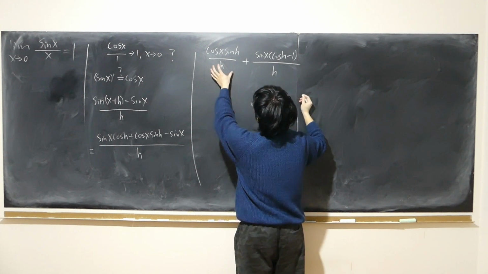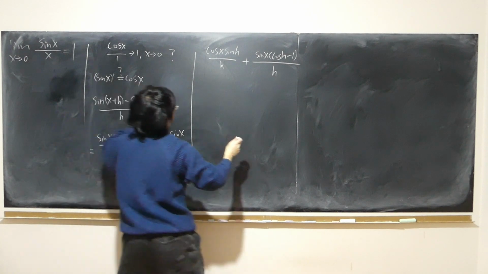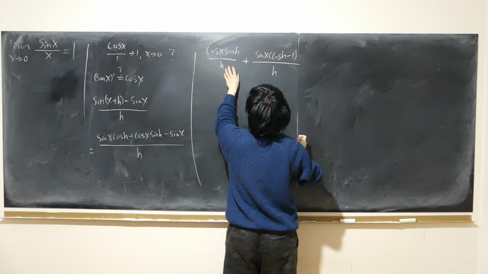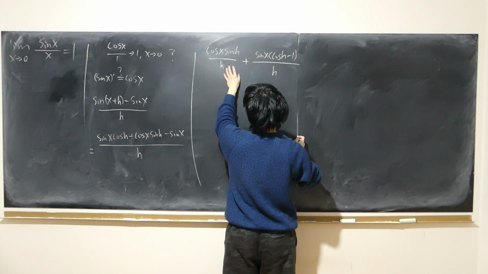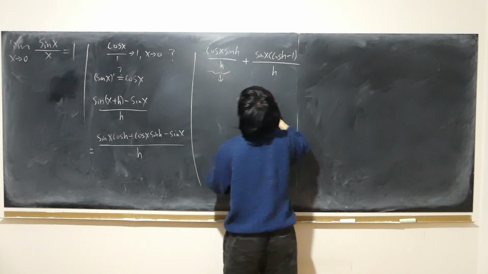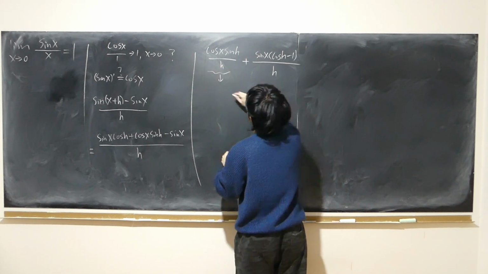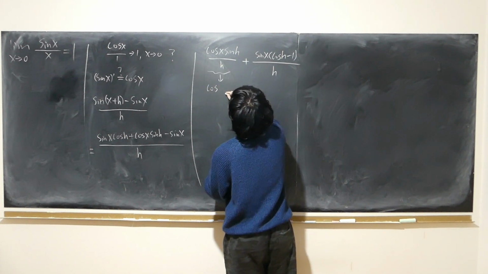First of all, assuming we know that the limit of this is 1, so sine h over h approaches 1 as h approaches 0, treating x as a fixed constant, this whole thing approaches cosine x.